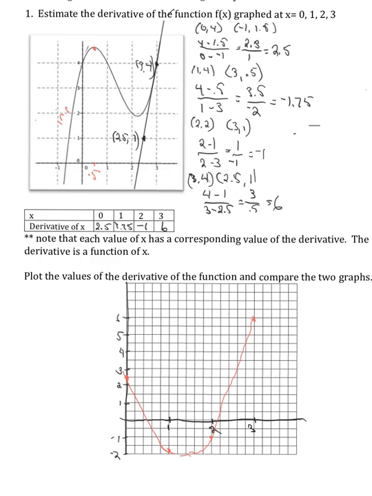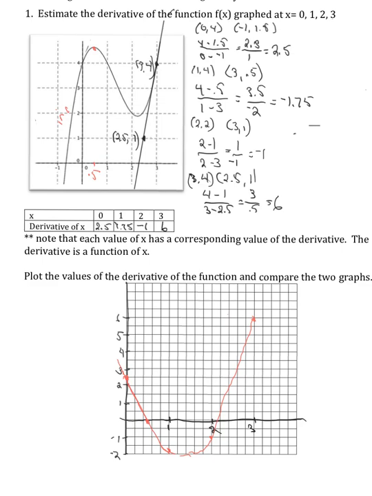So my graph was increasing from 0 to about 0.5. Notice on my derivative graph, this graph is above the x-axis from negative infinity to about 0.5. This 0.5 on my original graph approximates where that graph crossed the x-axis for the derivative graph.